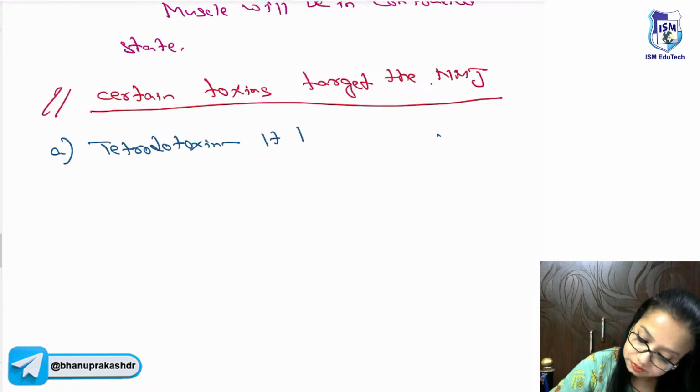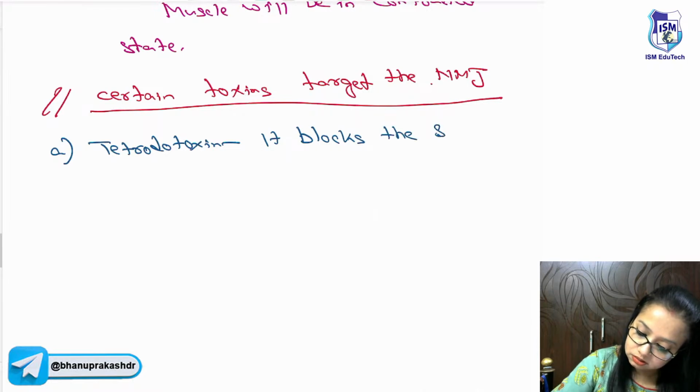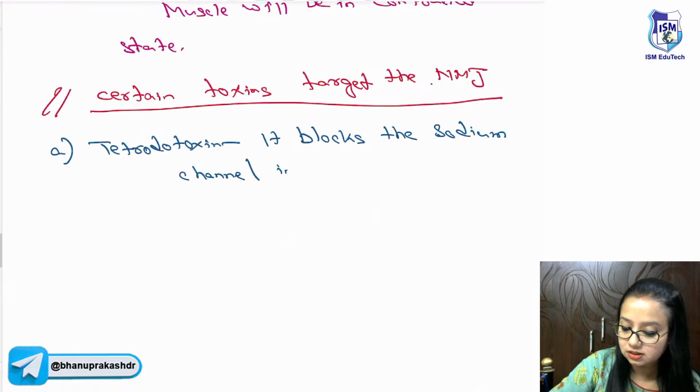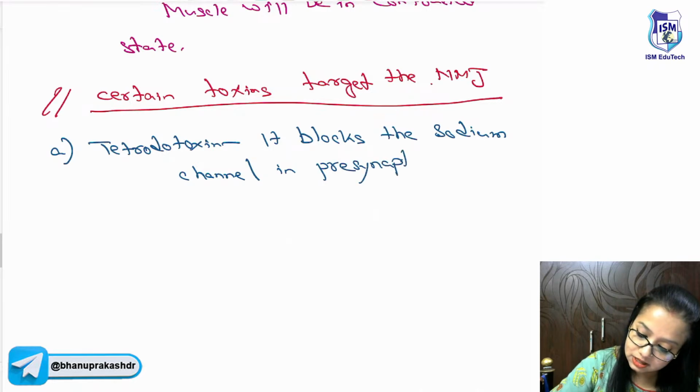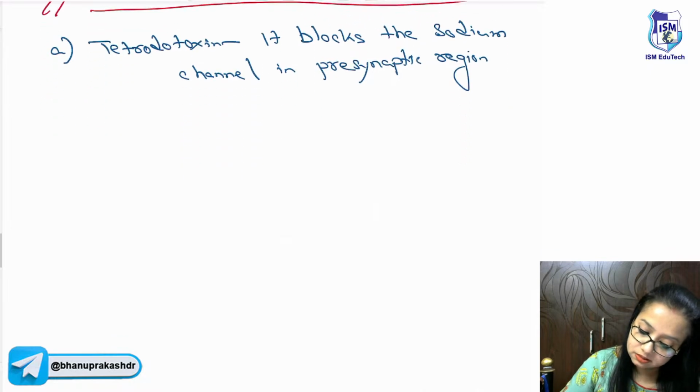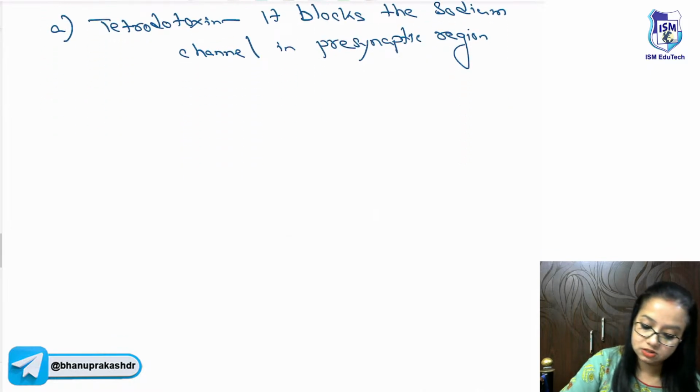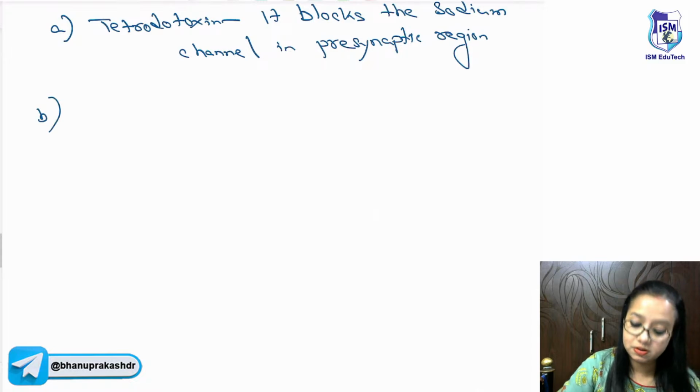It blocks the sodium channel in the presynaptic region. Okay, tetrodotoxin, it is from a fish that is called a puffer fish.